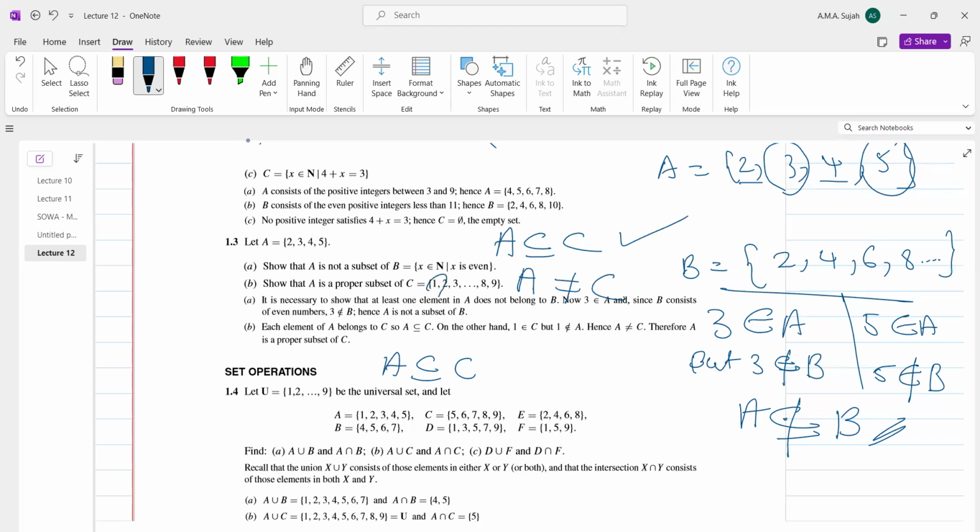The element 1 belongs to C, but 1 does not belong to A. Similarly, 6 belongs to C, but 6 does not belong to A. So A is not equal to C. Then we can say A is a proper subset of C, right?